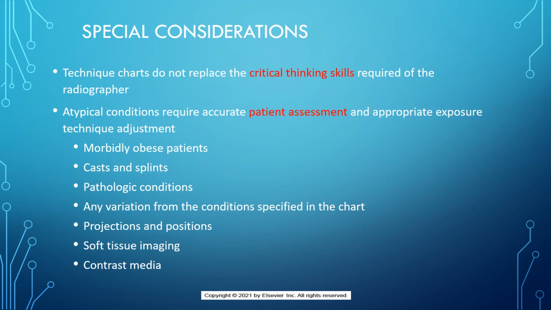Oh, move ahead. Here we go. Okay, so special considerations. On the list that we have, you should be assessing and thinking critically if you're presented with these scenarios: morbidly obese patients, body parts in casts or splints or immobilizers, additive or destructive pathology like emphysema, bone cancer, Paget's disease, or pneumonia, any of those conditions that we know are additive and destructive pathologies.